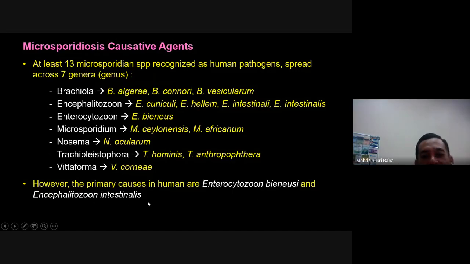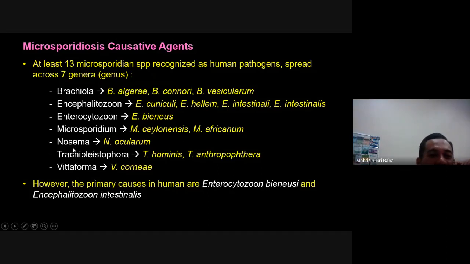So saya hanya kita banyak dokumen yang jumpa banyak dua ni saja because ini adalah primary cause of human disease among towards microsporidiosis. So basically dia adalah dua spesies yang berlainan dan dua jenis yang berlainan walaupun depan dia jenis adalah E. Alright, so you have to wisely distinguish lah.